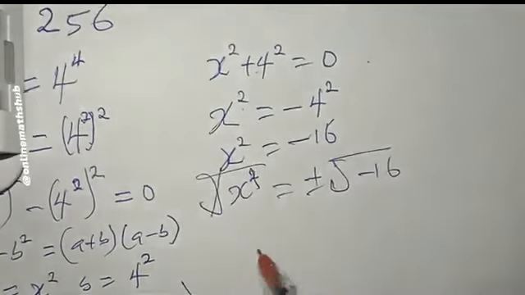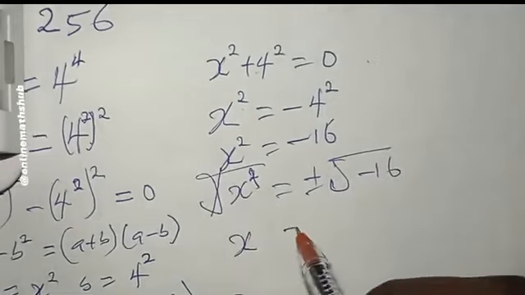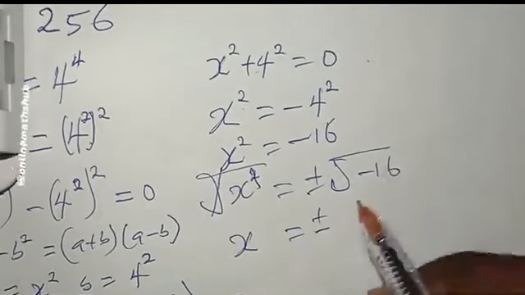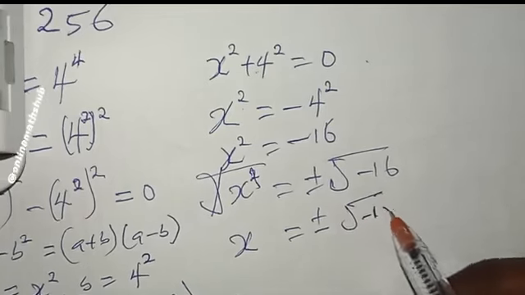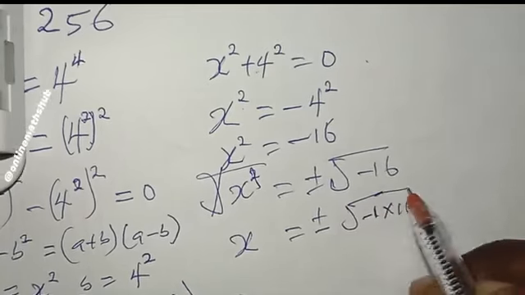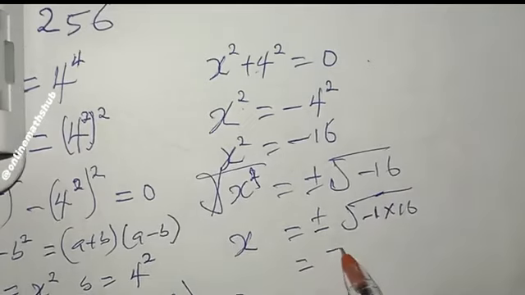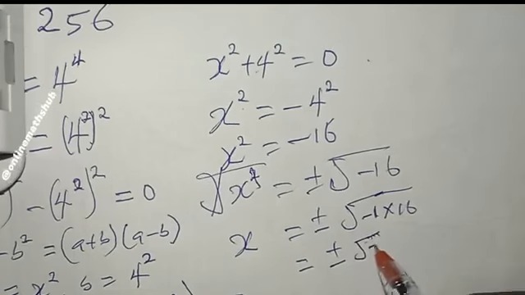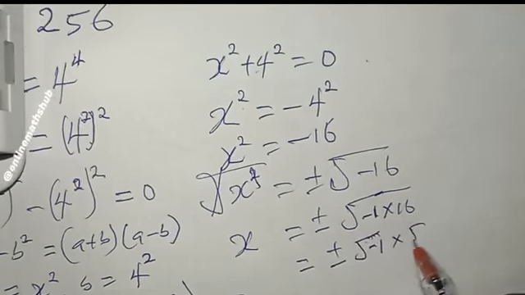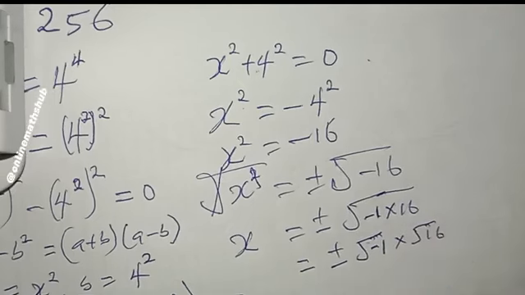These two will cancel, and then x is equal to plus or minus, and I can write this negative 16 as negative 1 multiplied by 16. So this can also be plus or minus the square root of negative 1, multiplied by the square root of 16.